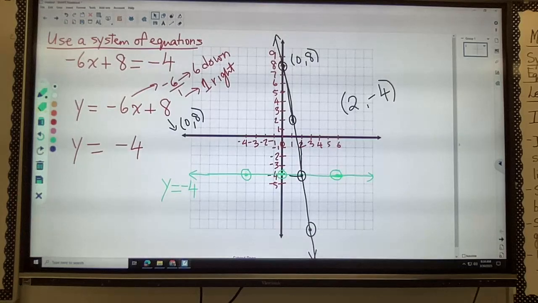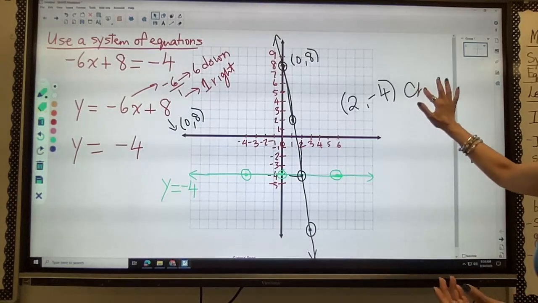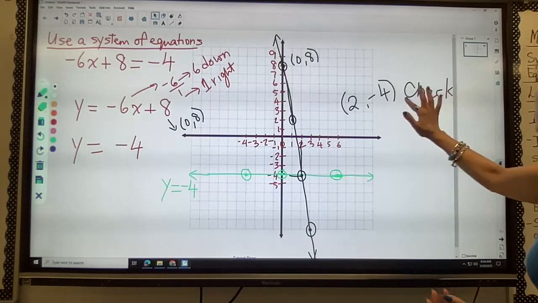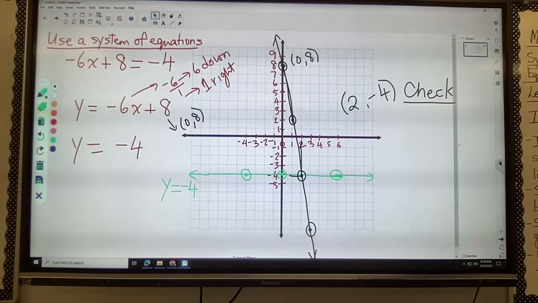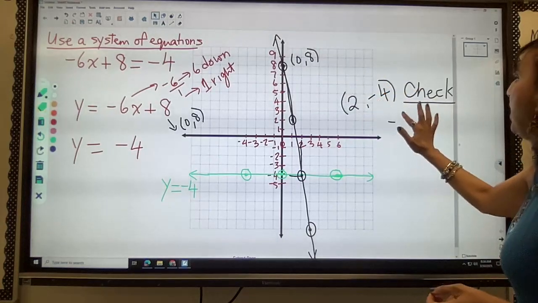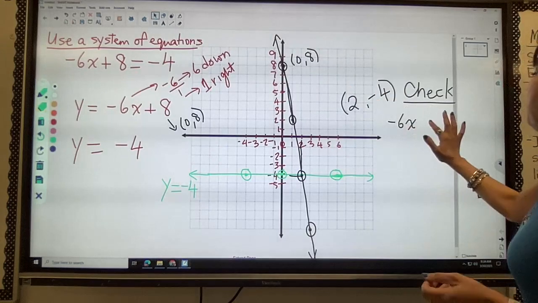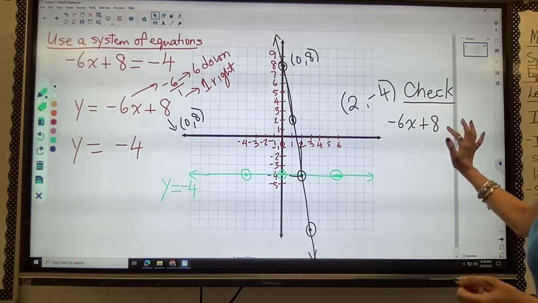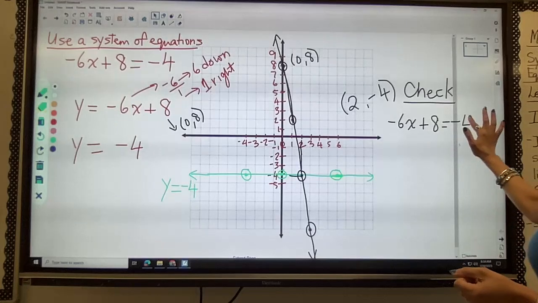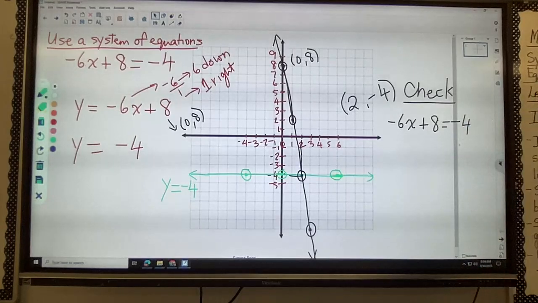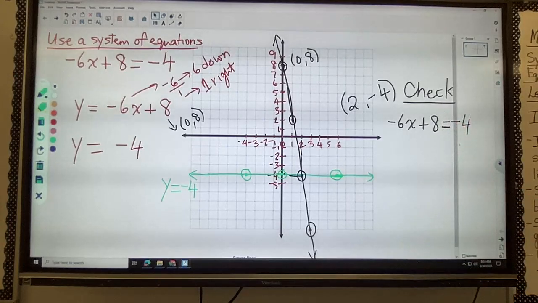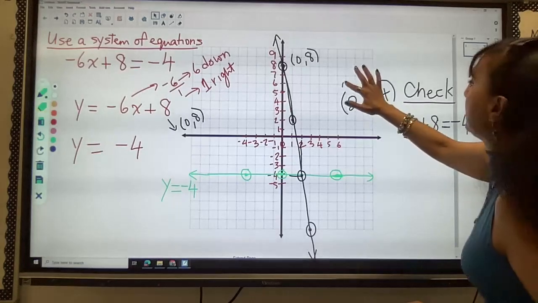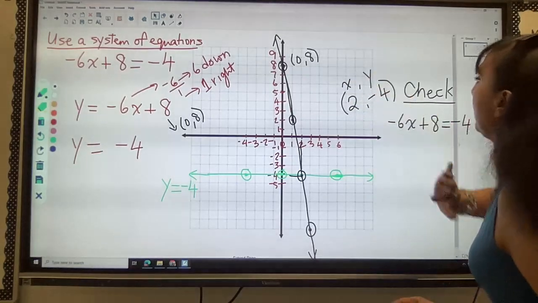And you always want to check your solution. Check your solution to see if it is correct. Okay, you take your original equation, which is negative 6x plus 8 is equal to negative 4. Okay, and then I am going to substitute the values, and I said this is x and this is y.